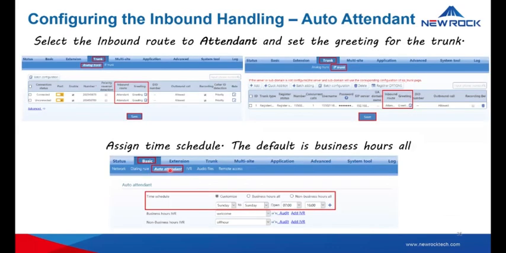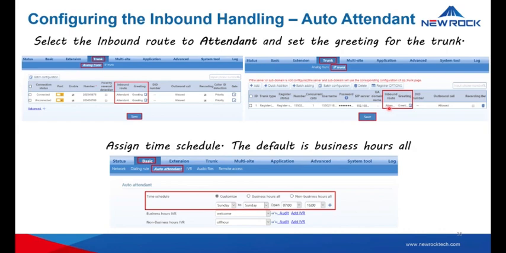Now, if you want to configure inbound handling, the first common option is to use the auto attendant. You can select that on the analog trunk, and select attendant. For the IP trunk, you can also select attendant. Generally, our OM provides two types of auto attendant.